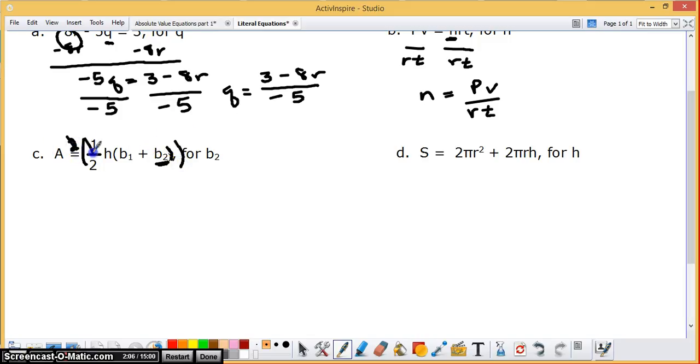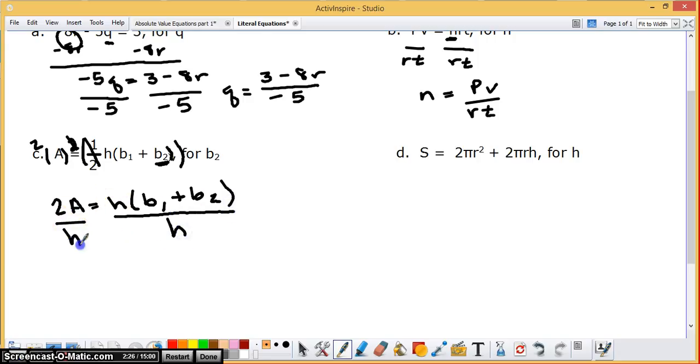This 2 will cancel there. Multiply over here as well by 2. So we get that 2a is equal to h times base 1 plus base 2. Now we're going to get rid of the h. We divide by the h. So h cancels out with h.